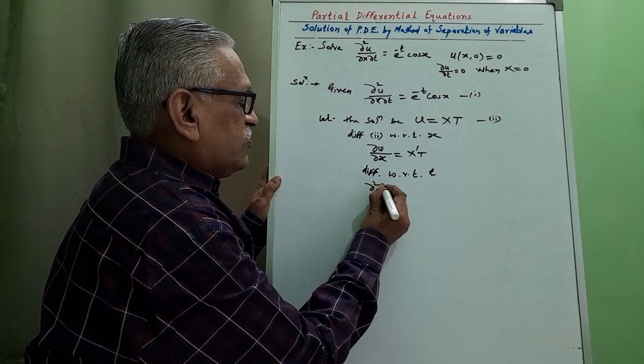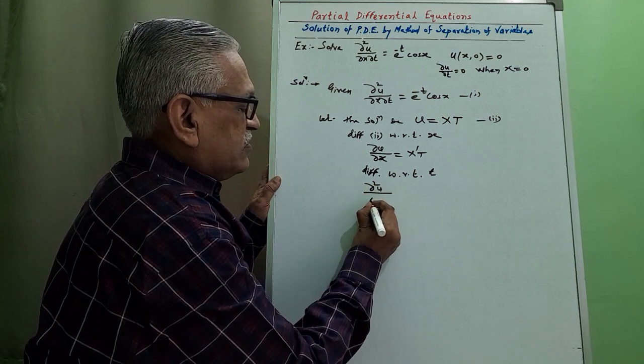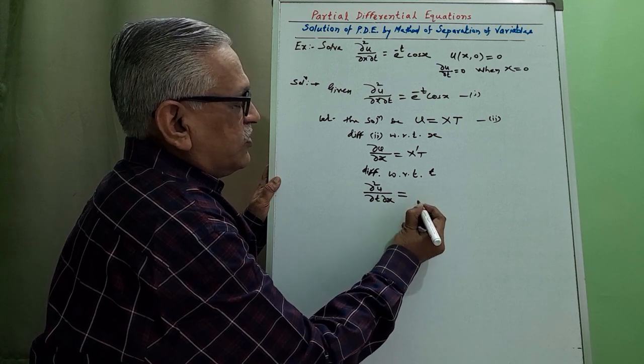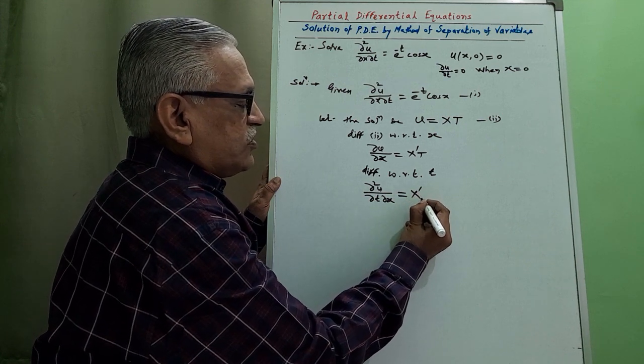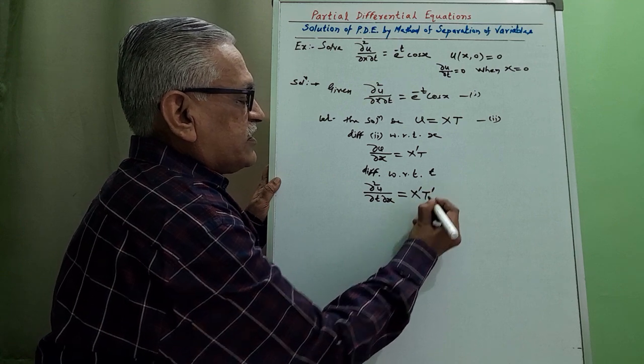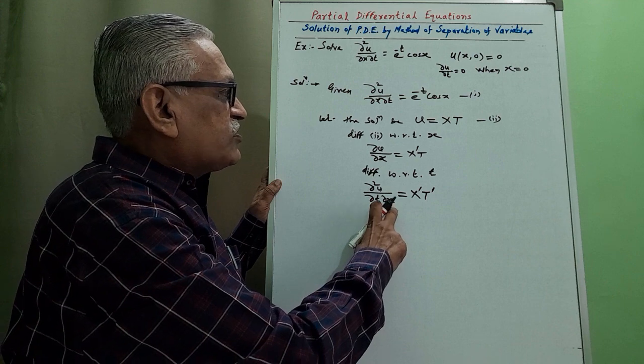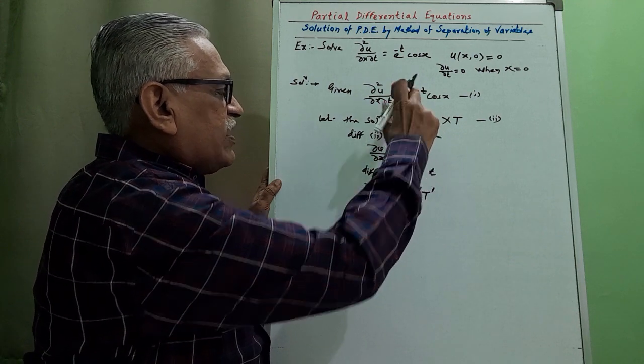Therefore, we get ∂²u/∂t∂x = X' T', with X' constant outside and the derivative of T being T'. And we substitute this value in equation 1.